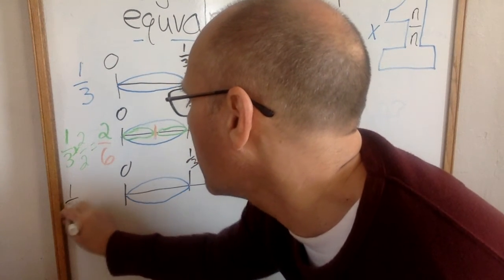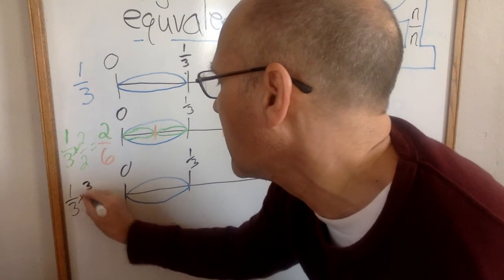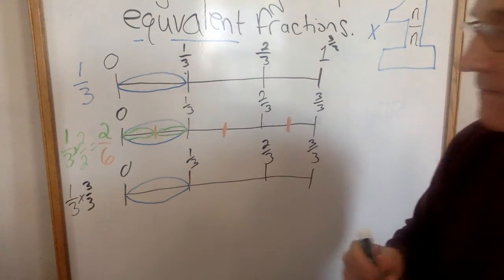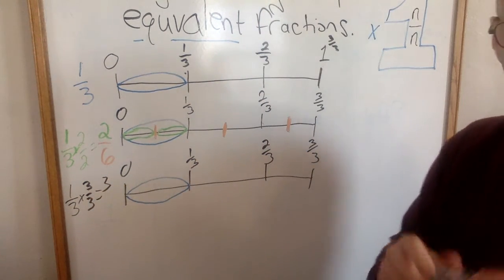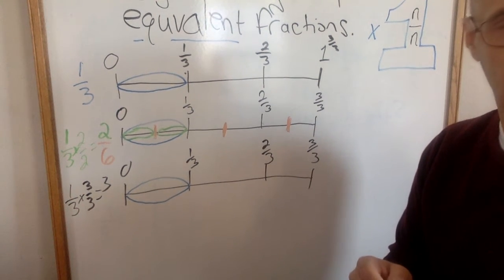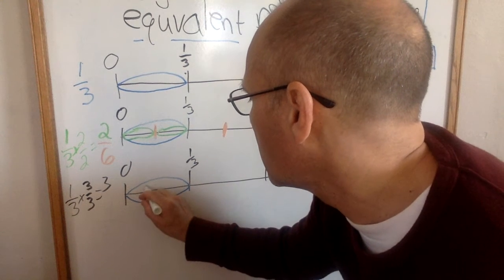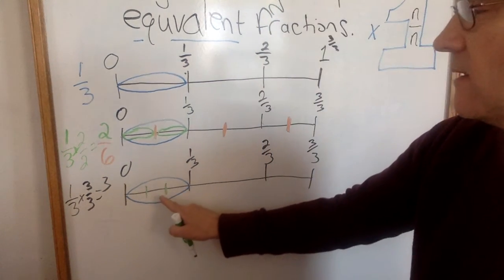So I'm taking 1/3, and this time I'm going to 3 split it. So I'm going to 3 split the 1 to make it into 3 parts. That's 2 cuts to 3 split it.